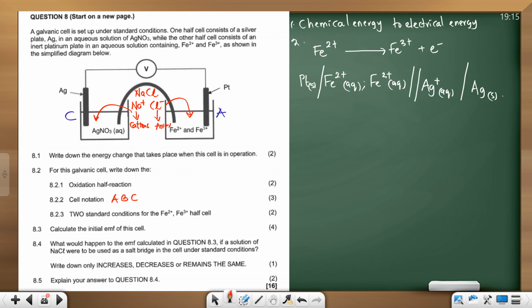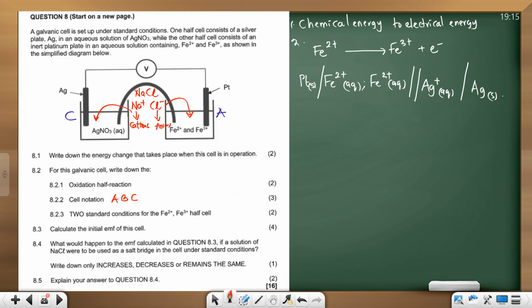Explain your answer. I think I remember this question now. The memo had it the other way. The teacher actually sent me this to say, is this correct with the memo? I remember it's from Eastern Cape. I don't remember the year. So the examiner wanted the chloride to move into the silver to form Ag, because that's what the memo said.